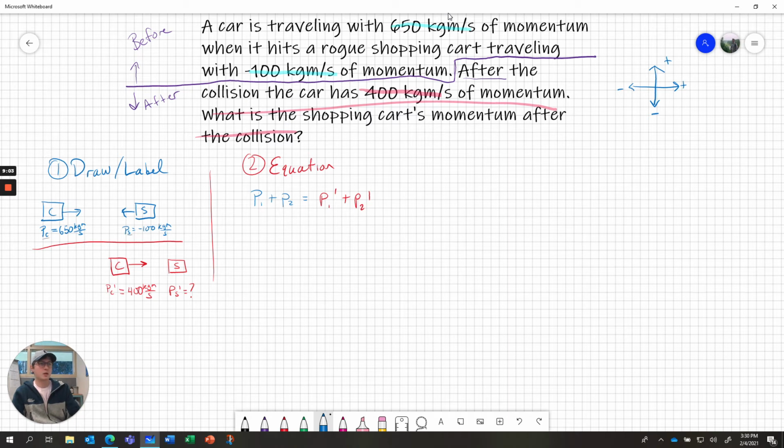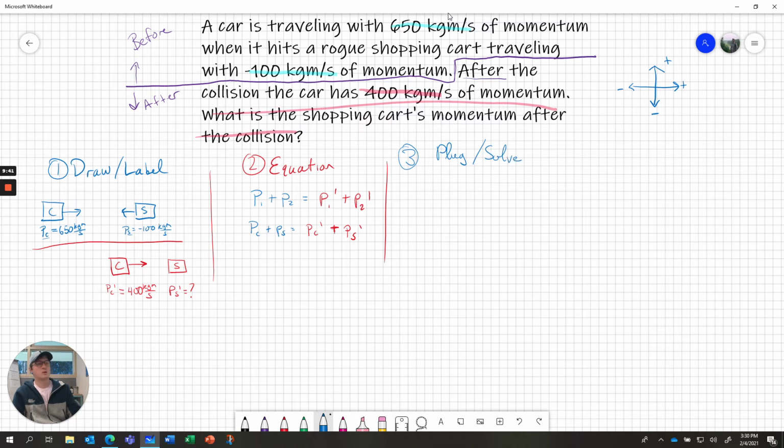We're using C and S for car and shopping cart. So PC plus PS is equal to PC prime plus PS prime. Okay, so there we go. Now we know exactly where to put everything. We have everything set up. So now we are ready to go to step 3, which is plug in our numbers and solve.